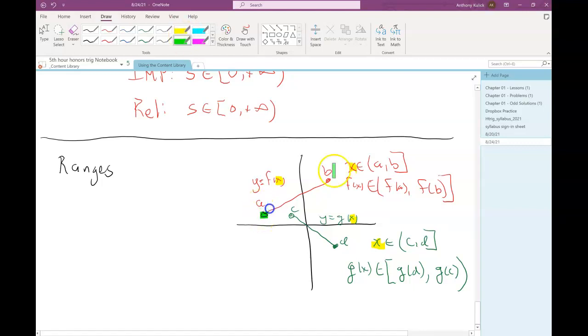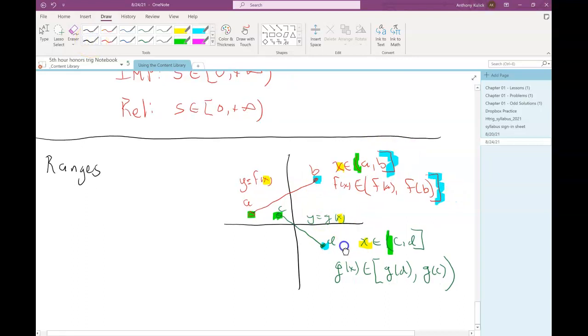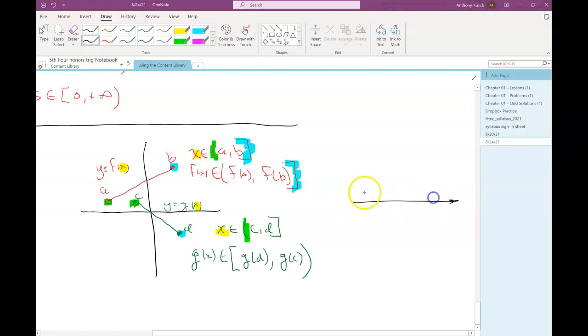Yeah, so the open circle implies that it's not included. So that's why I put parentheses there. And the filled in circle tells me it is included. So that's why I have the bracket there. Yep. So it's the same idea as you remember back in your algebra or pre-algebra class when you had x is greater than 5.